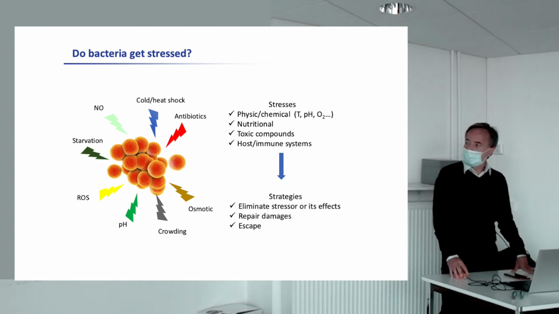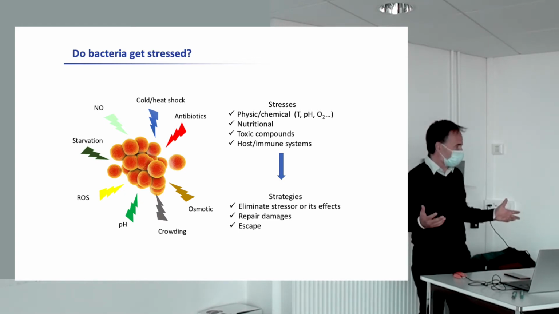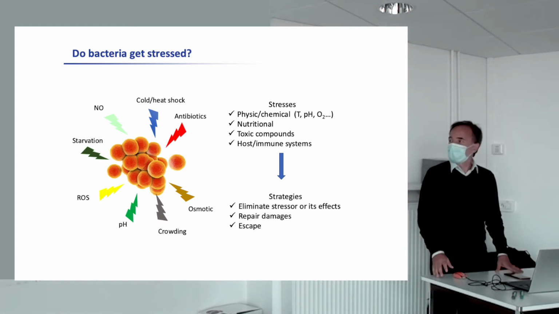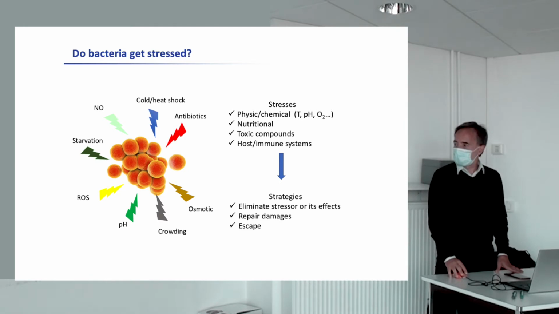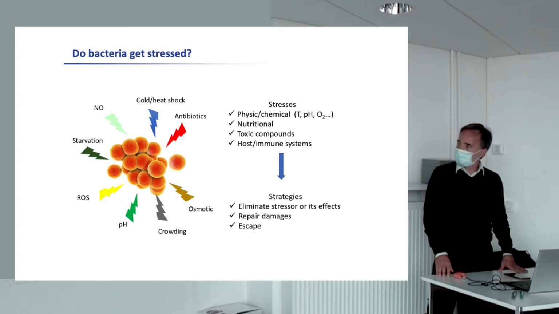Or different pH range, and they can also sense the presence of other bacteria, or the presence of the same kind of bacteria species but a lot of cells surrounding the bacteria. So they can sense the cellular crowding of the environment.